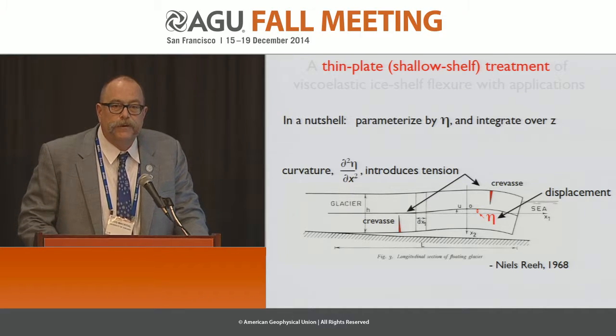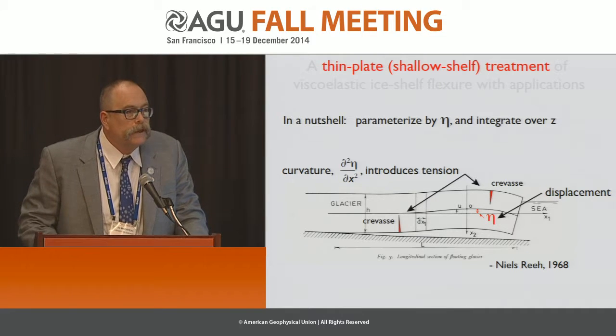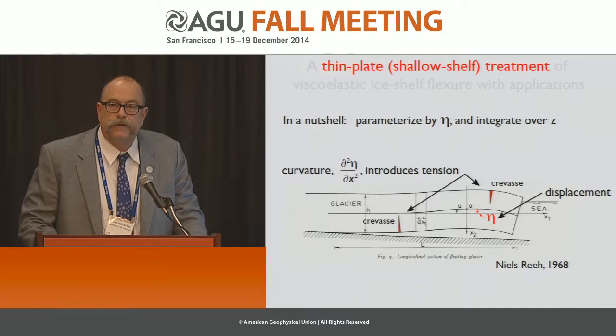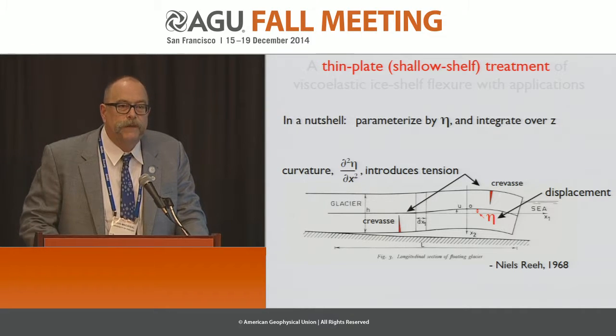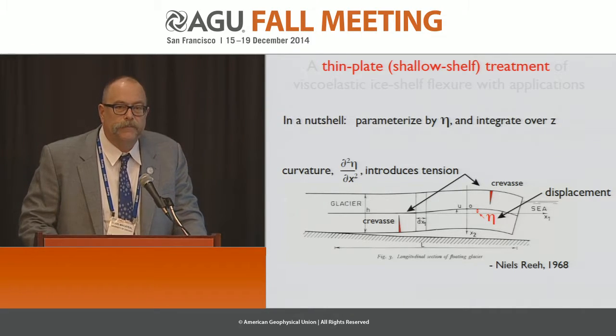And this is a very important and interesting aspect of the ice shelf, because it's only the flexure of the ice shelf that can get stresses to maximize at the top and bottom surface.